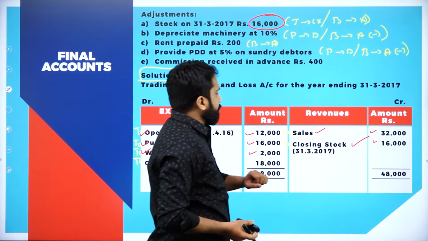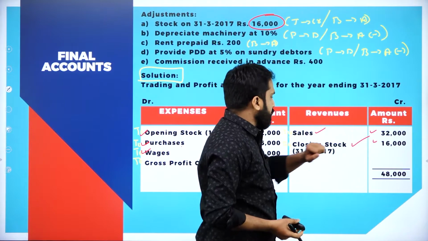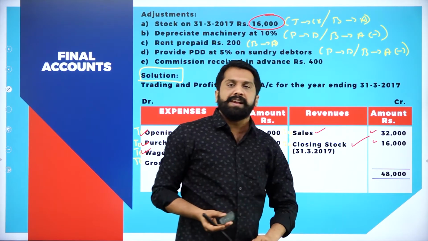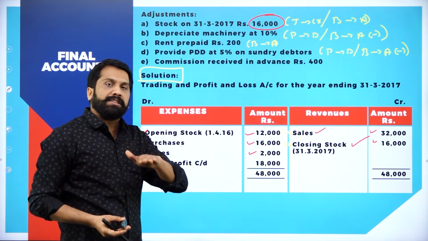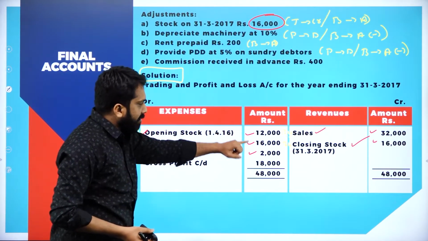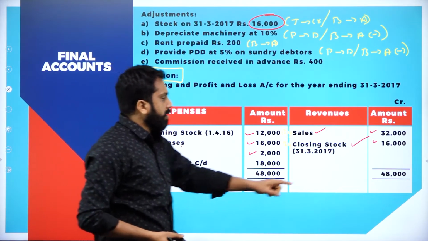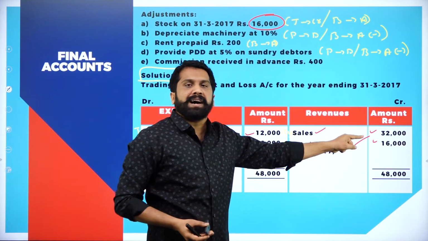Now, come back to this one. Sales 32, closing stock 16. What is the total? 48. Is 48 more or 30,000 more? Which is the higher value? Yes, 48,000 is the higher value.